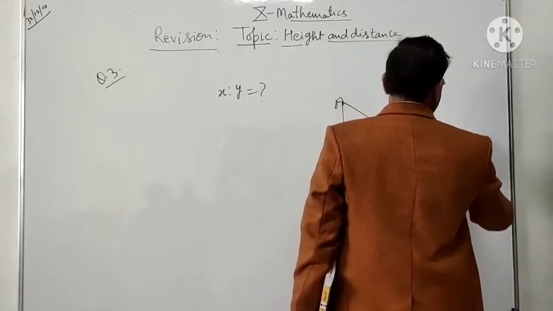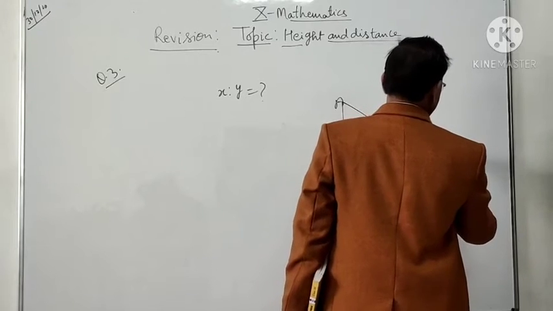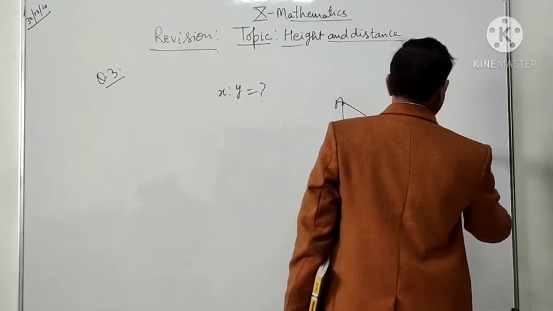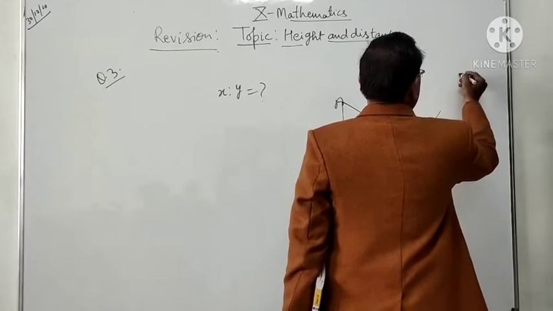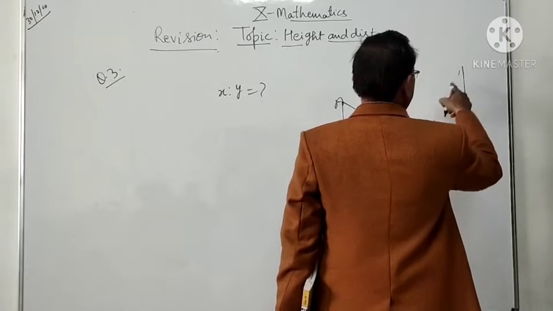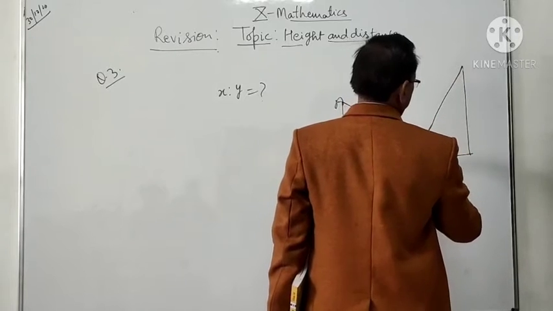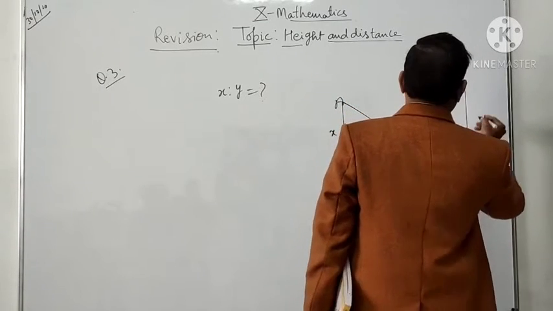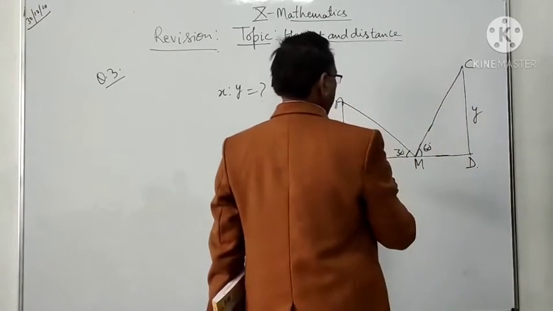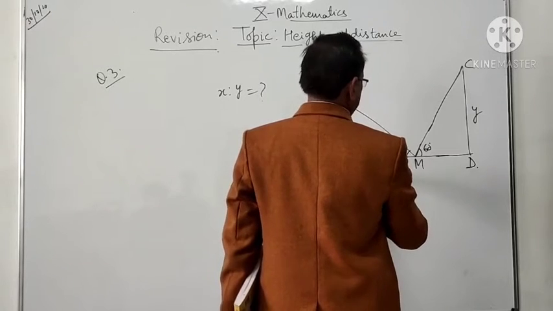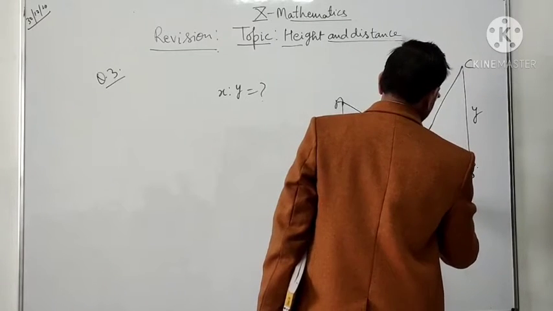It is CD. That is 60 degree. It is like the midpoint. It is C and D. We have to find the ratio of x and y. So student, this distance, let it be A. So this distance also will be A because M is the midpoint.